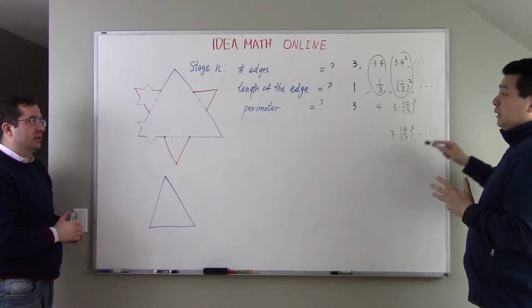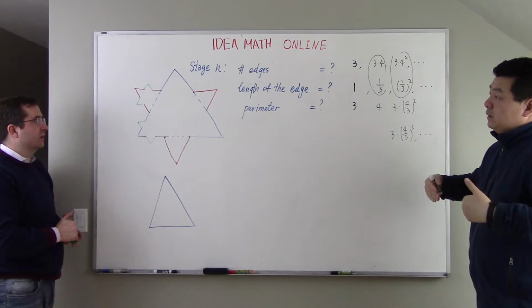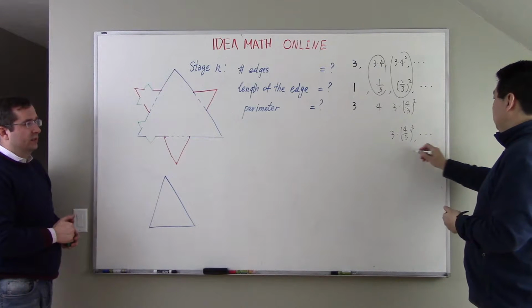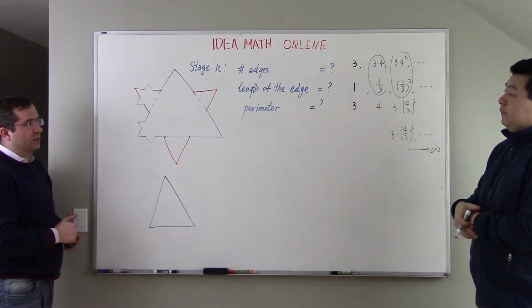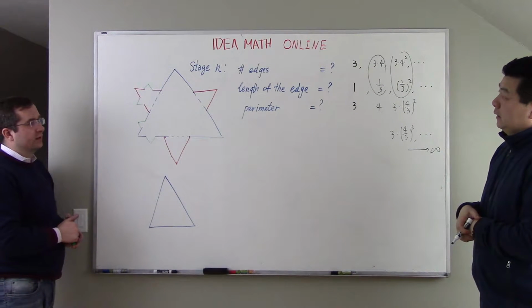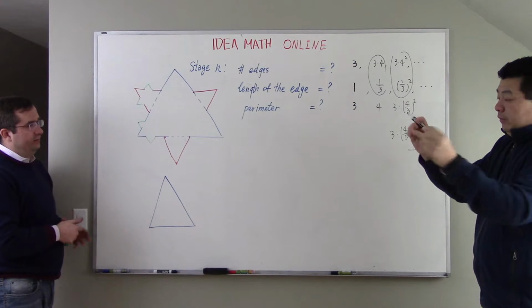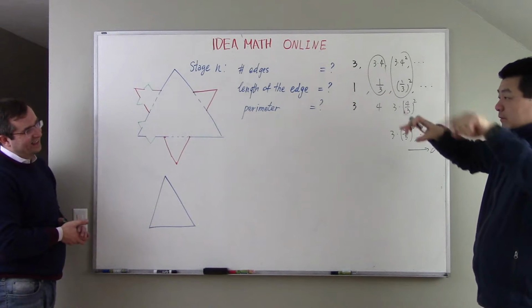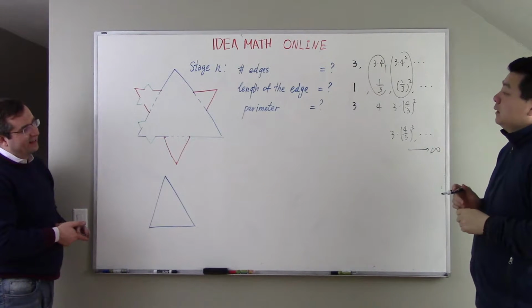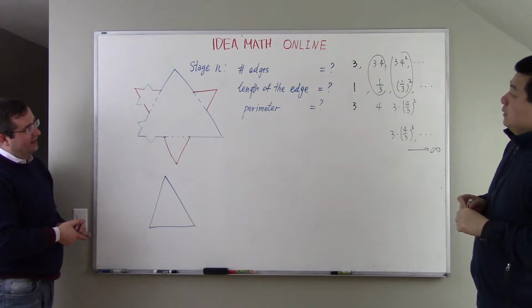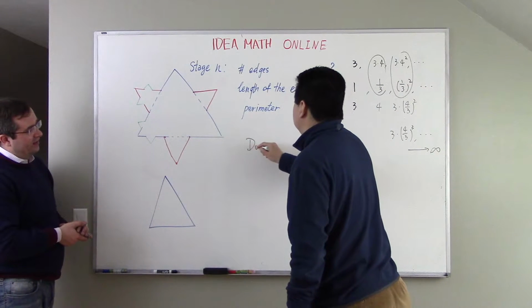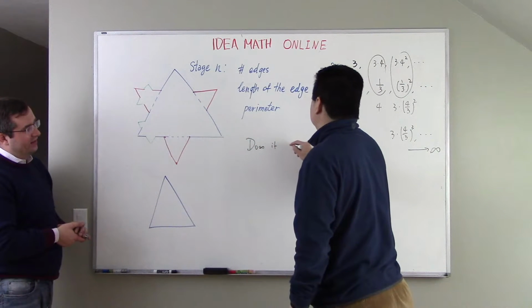So if I have many stages, the perimeter is going to infinity. It's like a figure with infinitely many little teeth coming out. So it becomes very long. But the interesting question is, does it have a finite or infinite area?